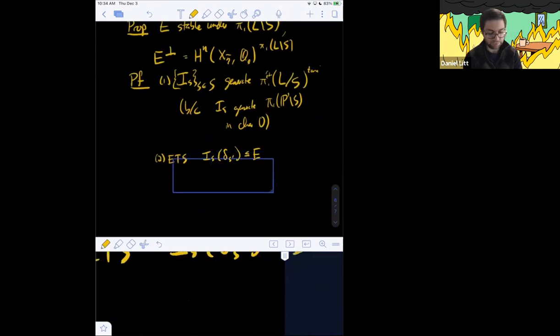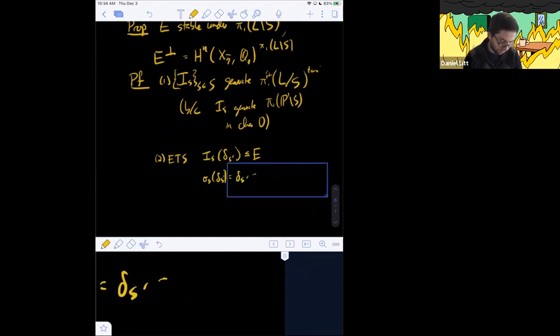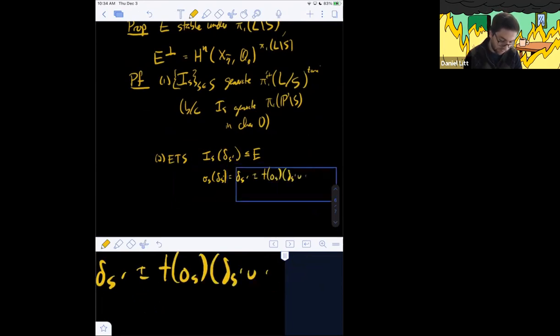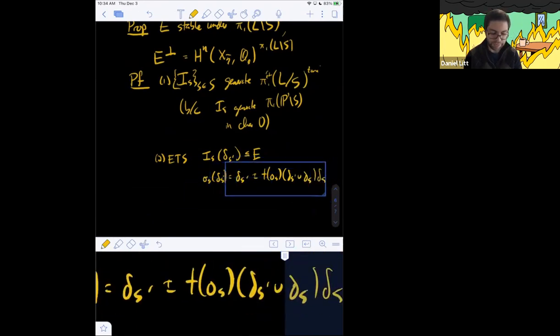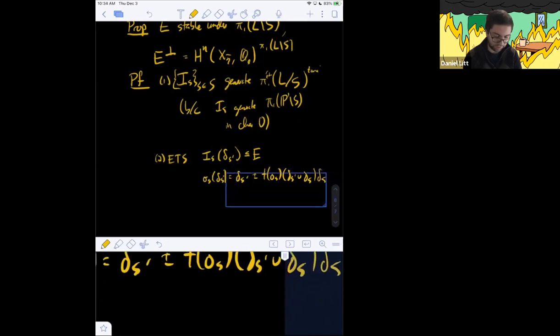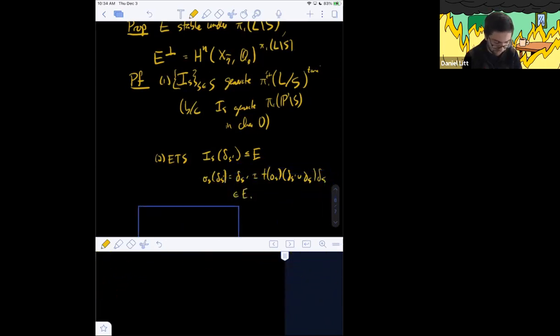But this is immediate from Picard Lefschetz. If you take sigma S of delta S prime, what happens? It goes to delta S prime plus or minus T of sigma S, delta S prime cup delta S times delta S. Well, this is in the span of delta S prime and delta S, so this is in E. All right, so we win.